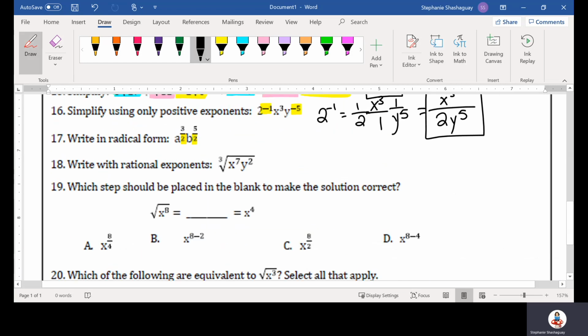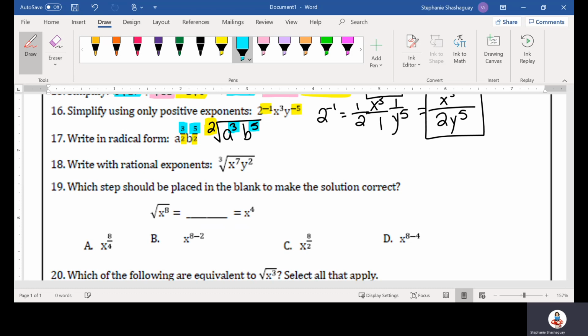So I'm going to have a radical with a 2 as my root. Underneath the radical, I'm going to have a cubed, because that's my numerator, multiplied by b to the 5th, because that's my other numerator. And now I wrote it in radical form.